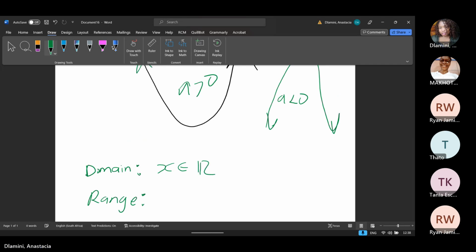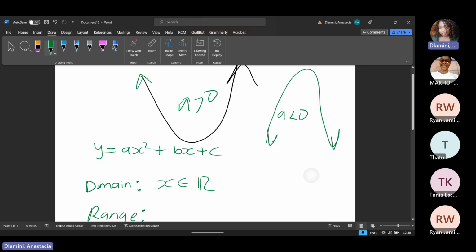There are no restrictions on that one. For the range, if A is greater than 0, then your range will be from the lowest point, meaning your turning point, upwards. For the other one, it will be from your maximum point, which is also your turning point, downwards.